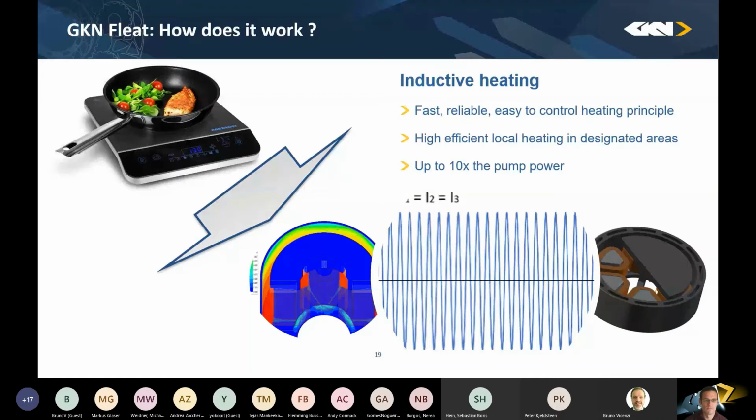And we experienced with our first trials that it's very efficient, and that we can get very high heating power out of that, which can be 10 times the pump power of the e-motor, just with the same design of the motor and not doing too much different, but that will be shown on the next slide.